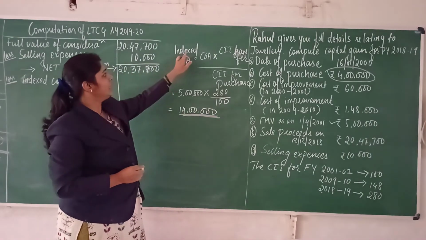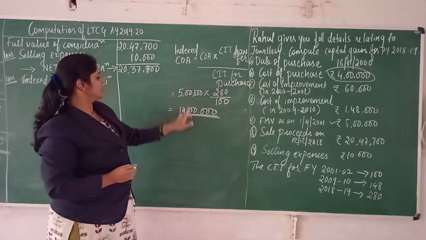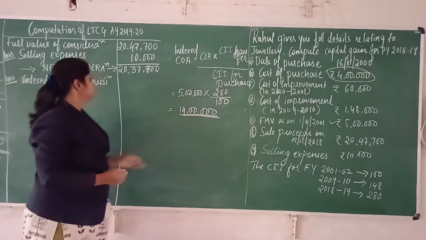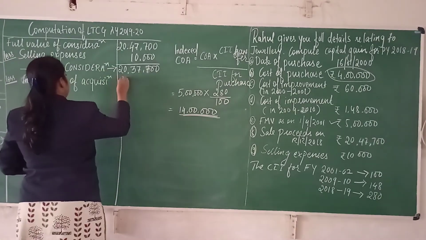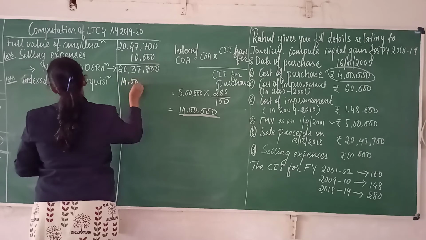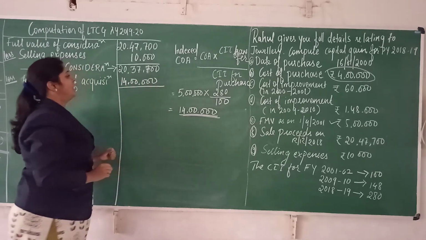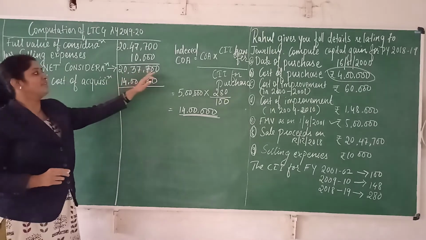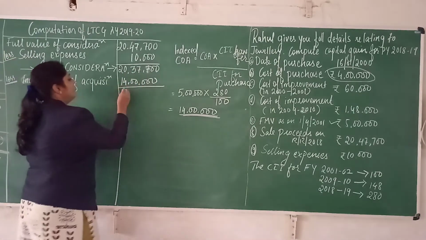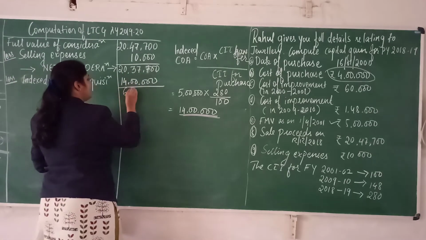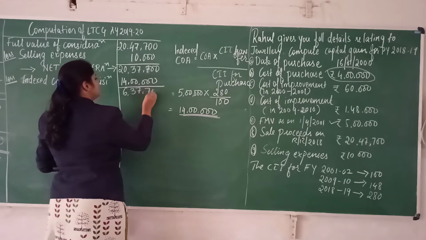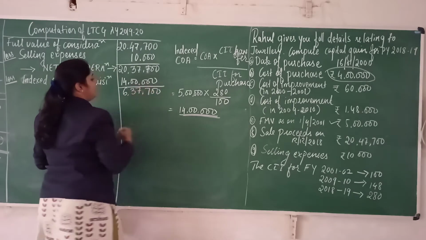So our indexed cost of acquisition is 14 lakh. Let us take 14 lakh, 20 lakh 37,700 minus 14 lakh, we arrive to a balance 6 lakh 37,700.